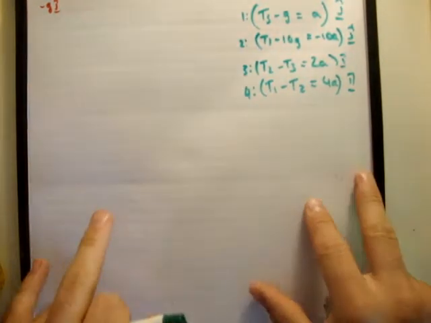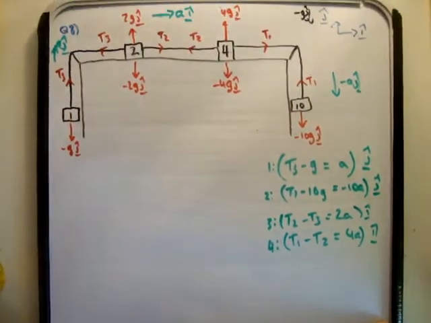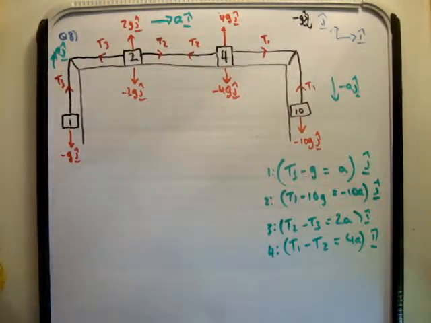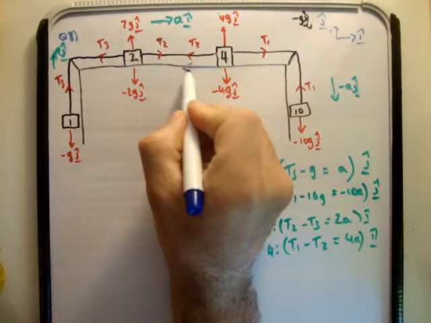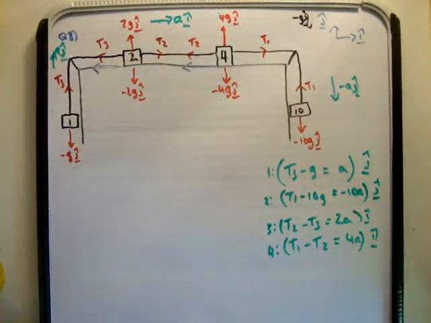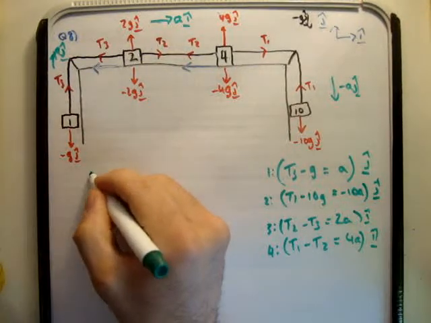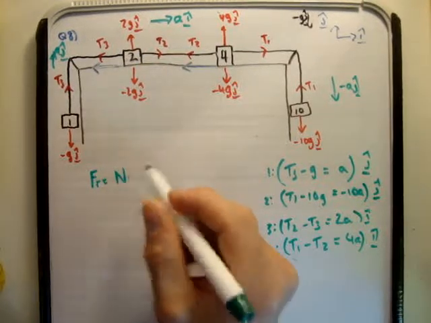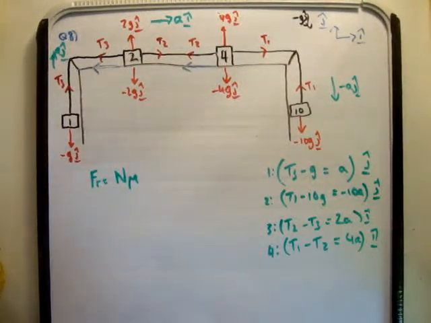So if we just go back up here, what can we say? If there's going to be a frictional force, then it's going to be going in this direction and this direction here. The frictional force, we should know at this stage, is equal to the normal force times the coefficient of friction.